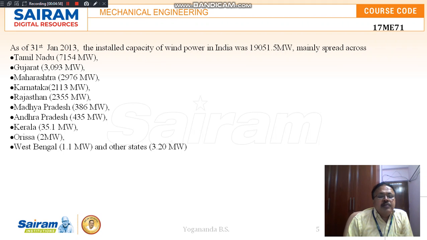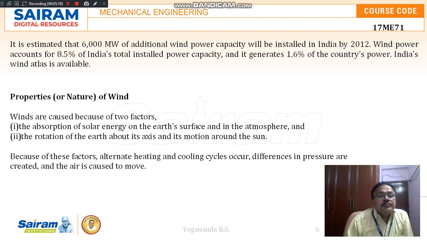As Tamil Nadu stands first in utilizing wind power very effectively, it has generated 7,154 megawatts. Then Gujarat, 3,093 megawatts. West Bengal and other states stand last.